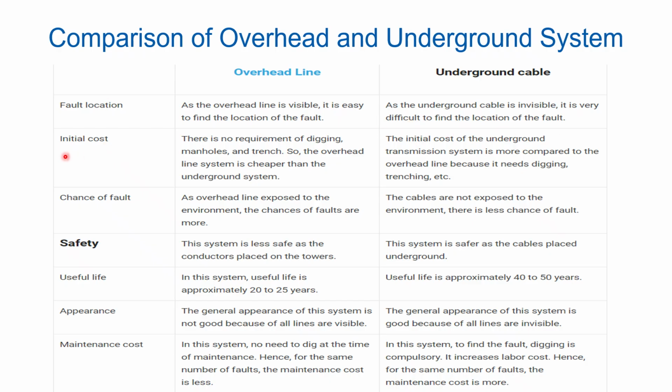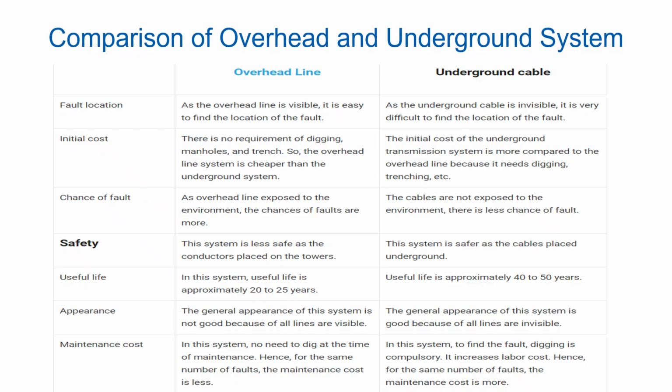In case of initial cost, if we compare the two systems, the cost of overhead line is less compared to the underground system, because here no digging of manhole or trench is required.